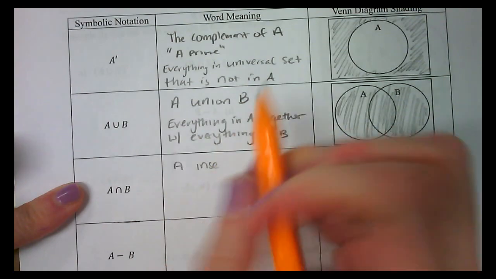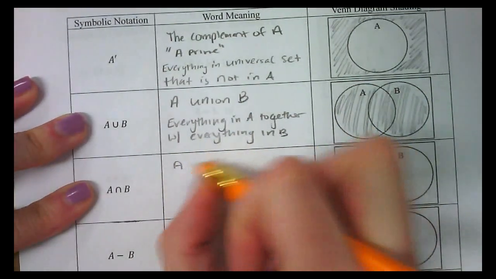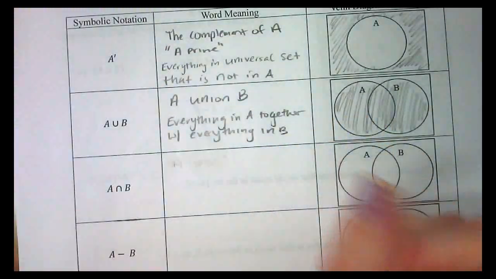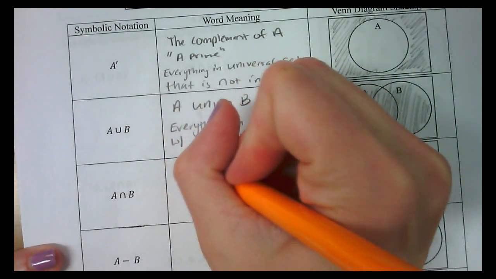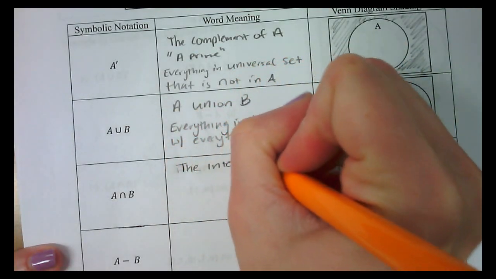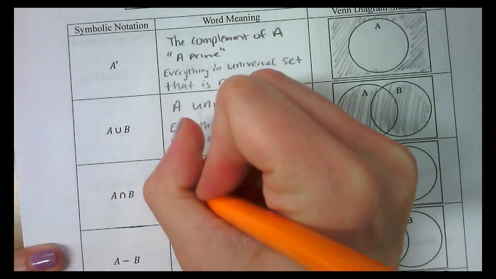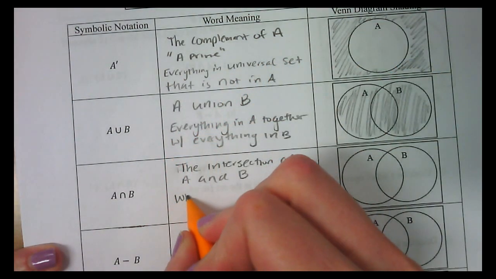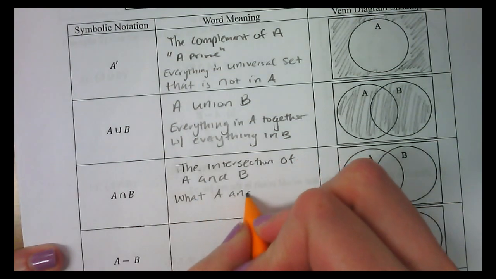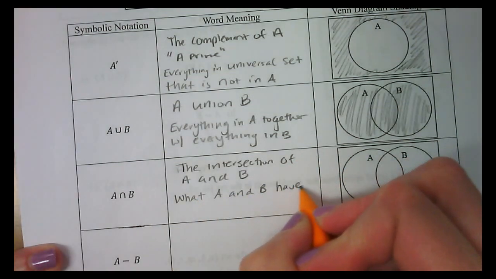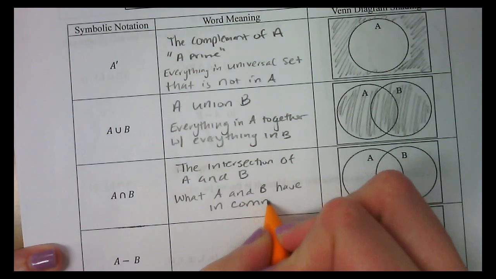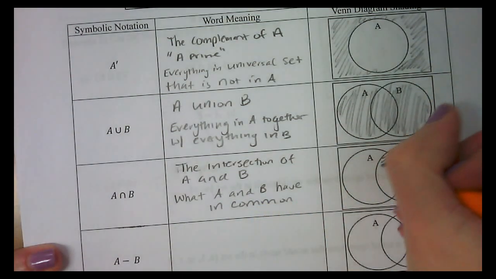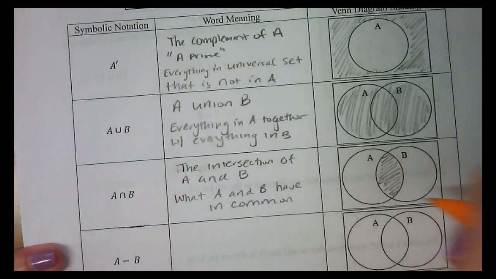The intersection of A and B. This is what they have in common. So in the Venn diagram, that's where they overlap each other.